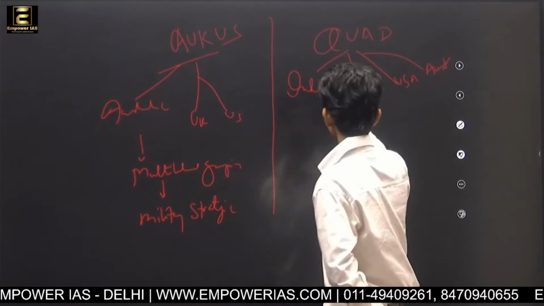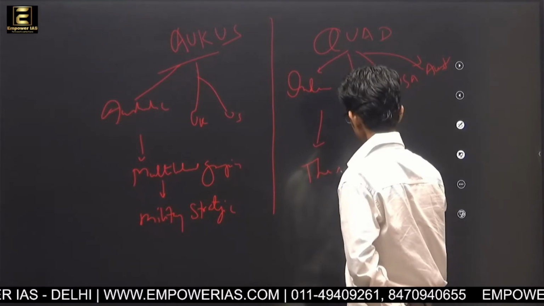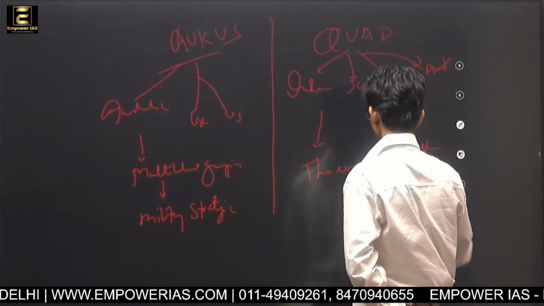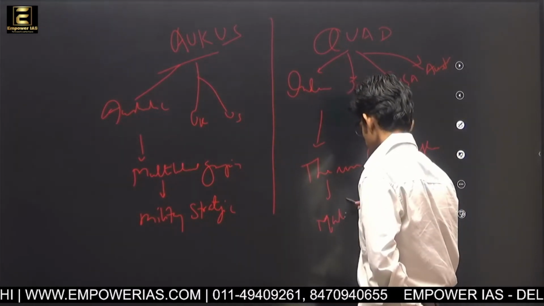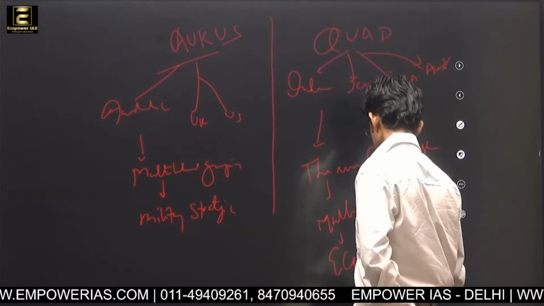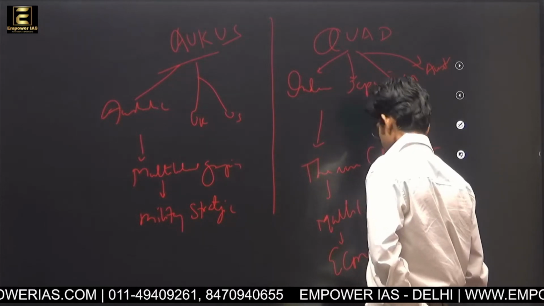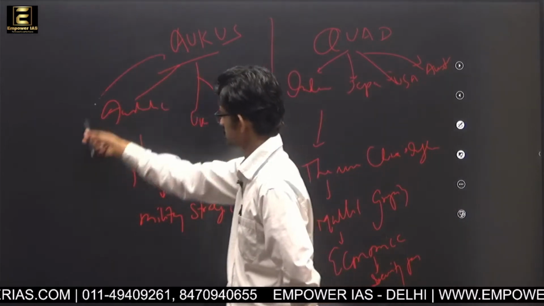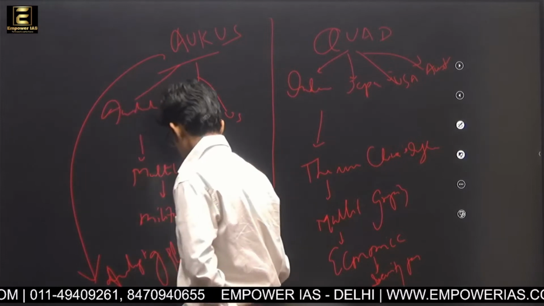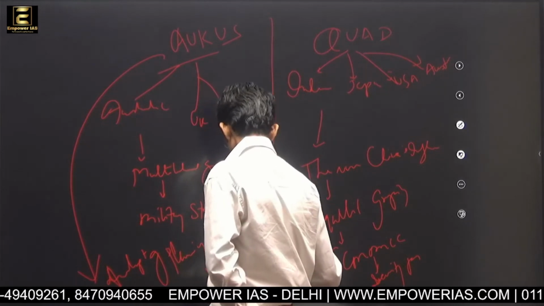Further, the Quad is aimed at countering China's rising influence as a multilateral grouping for economic and security purposes. What does AUKUS do? AUKUS works on developing planning strategies to counter China again.